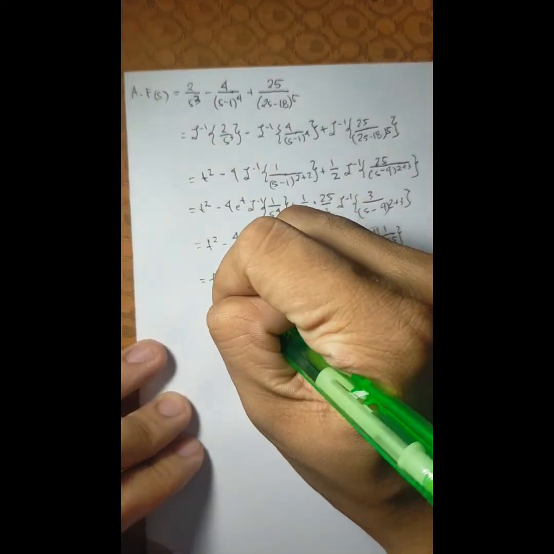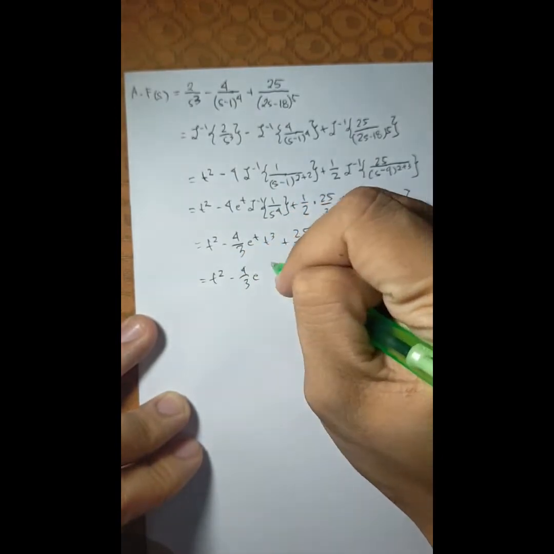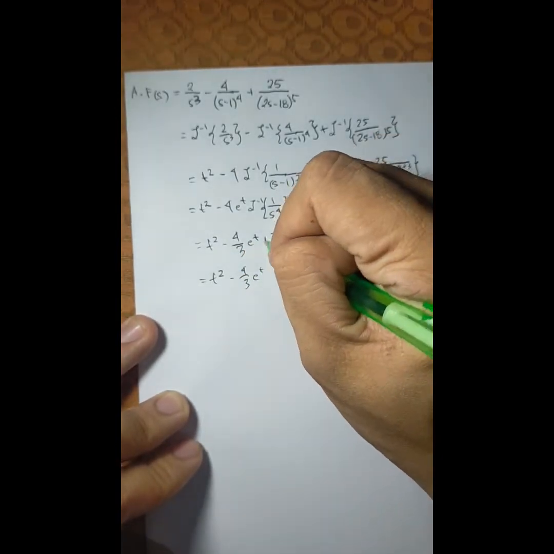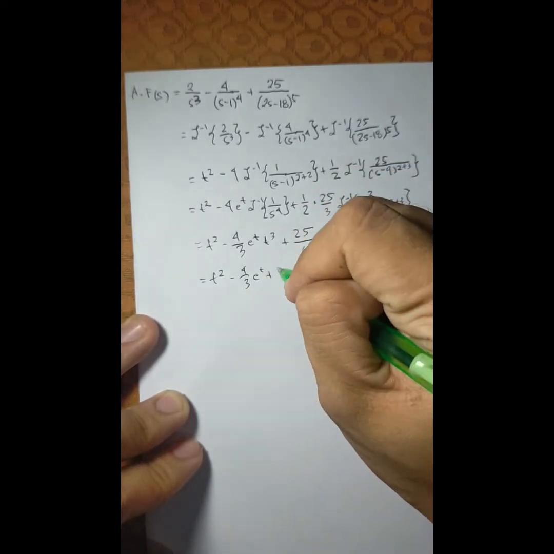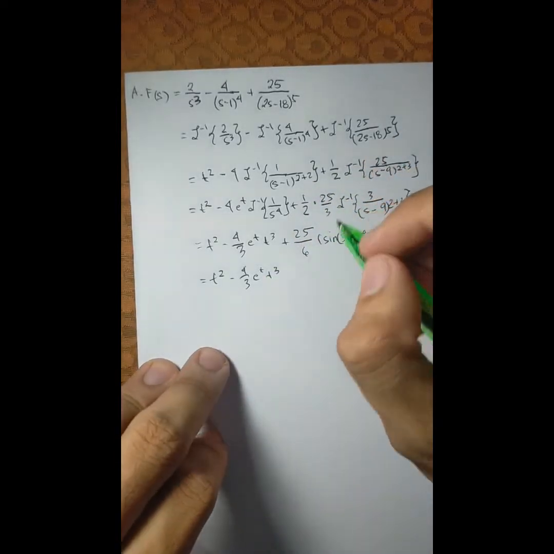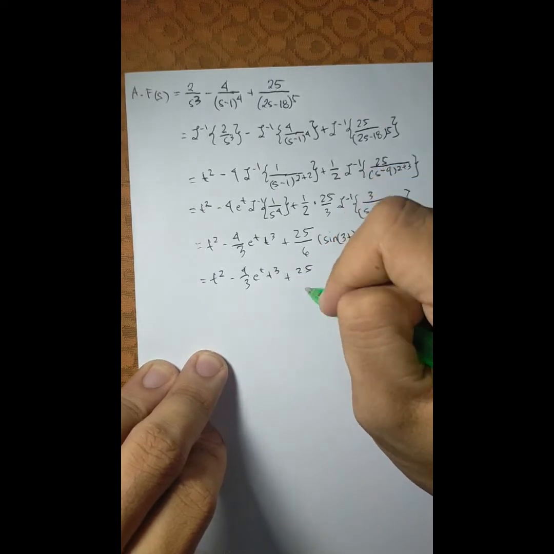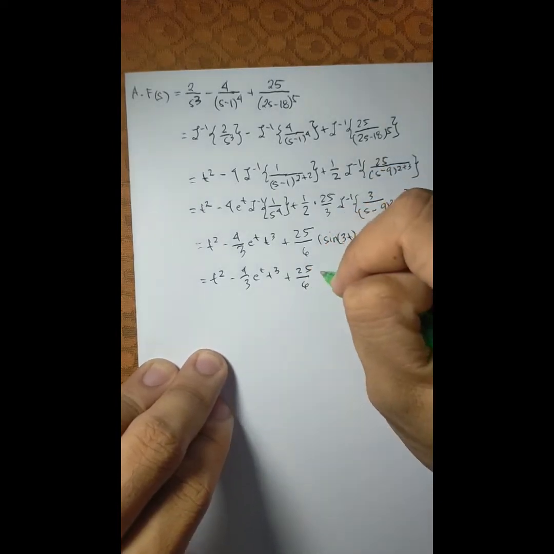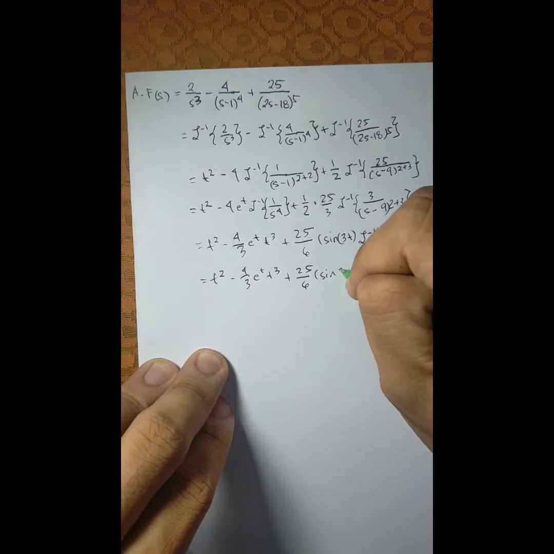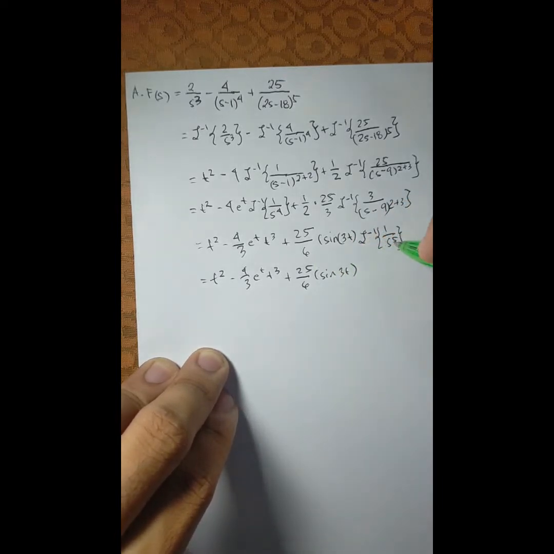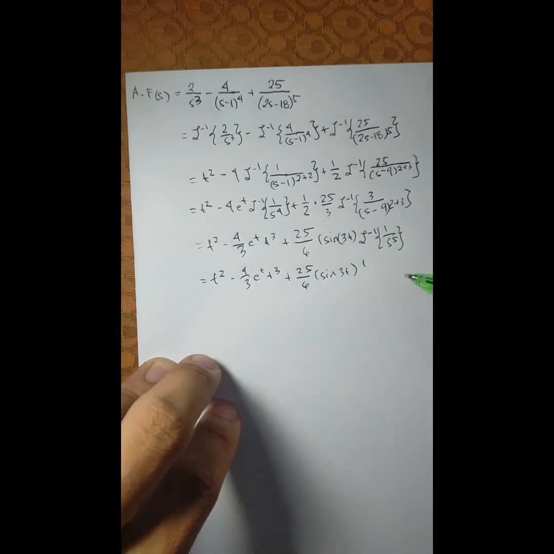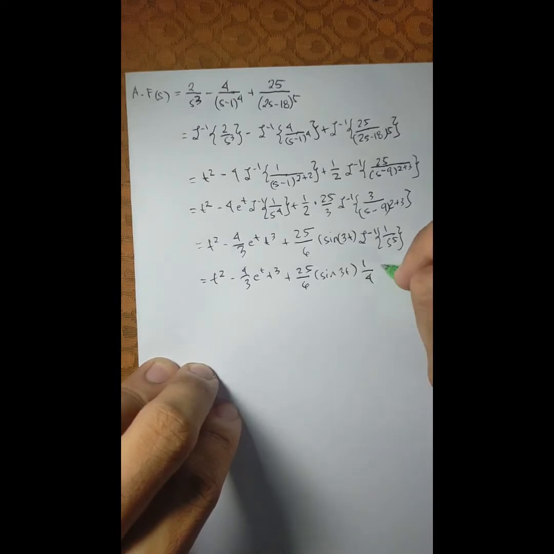This can equal t squared minus 4 over 3 e raised to t t cubed plus 25 over 6 times sine of 3t, and we have 1, and to balance this we have to divide by 4 on the outside, so we have the inverse Laplace of 4 over s raised to 5.